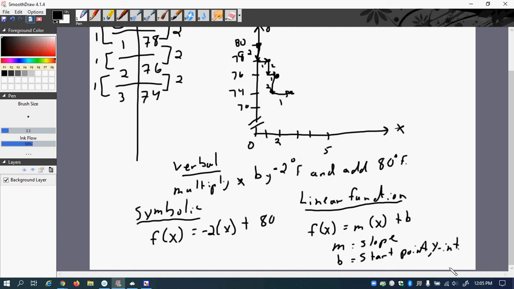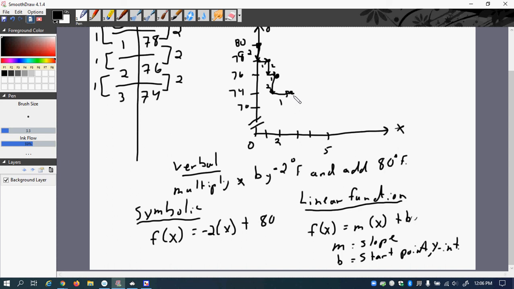The b here will be constant, it won't change, and neither will my slope, because we see it all the time. It never changed. It went down 2 to the right 1, down 2 to the right 1, down 2 to the right 1. So that stays constant.